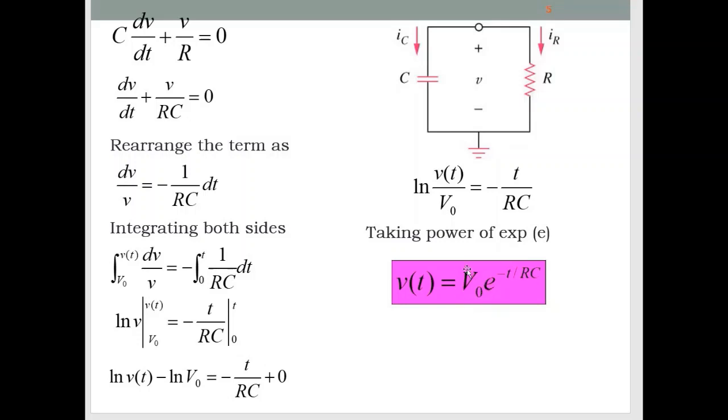So V0 here again is the initial voltage of the capacitor, if the capacitor is initially charged.